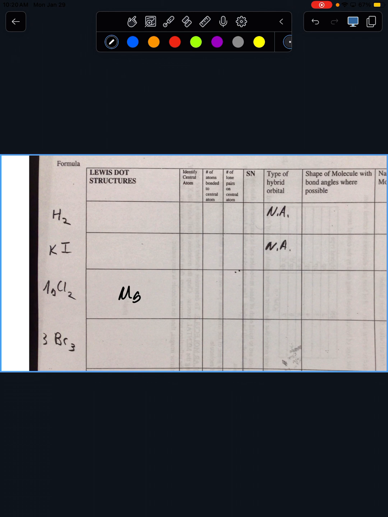Why? Because there's fewer of them. How many electrons does magnesium start with, Avery? 12 is the number of protons, the number of valence electrons we get from the Roman numeral. So what's the Roman numeral on the top? 2. So it's going to start with 2 electrons.